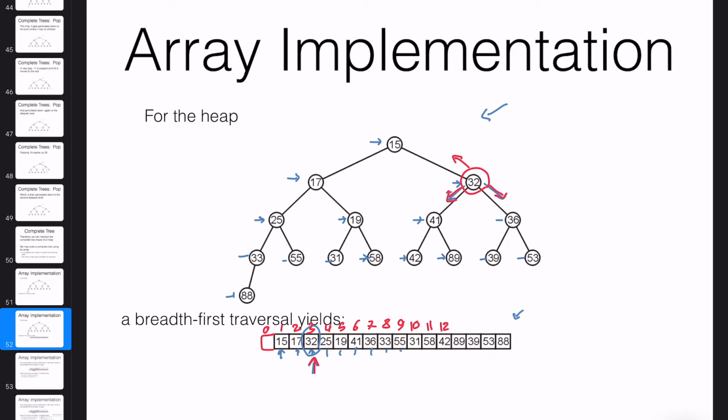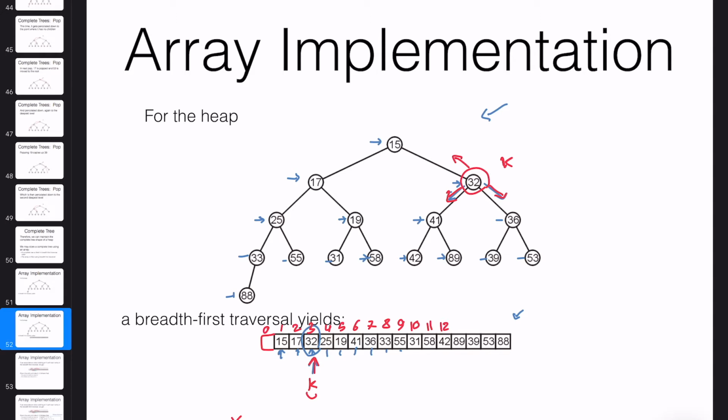I can give you a formula. For any index, for example index k, the parent of this value in the corresponding tree is going to be stored in index k divided by 2. This is the formula, and you can simply look at that.